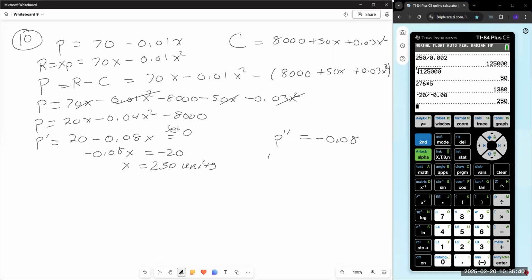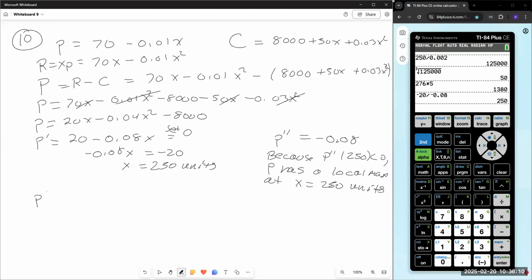And because P double prime of 250 is less than 0, P has a local max at x equals 250 units of production, but we need to actually find the price that forces that maximum to happen.